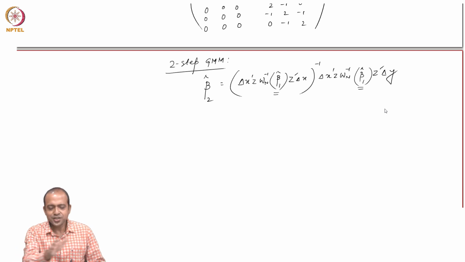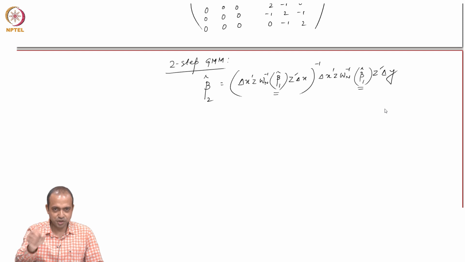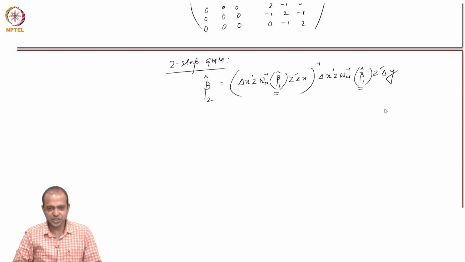Now, why do we need this 2-step GMM? To gain on the consistency front. So, 2-step GMM is more consistent than the 1-step GMM, but in the estimation of 2-step GMM, since we are using beta 1 hat estimated through the first step, the estimated asymptotic standard errors of beta 2 hat, it is still efficient, but the standard errors are severely downward biased.